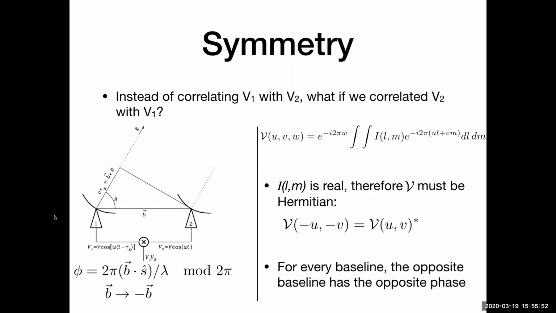There is an issue, going a little off script here, if you have too much bandwidth in a single measurement. If you have a wide band and you integrate over some large bandwidth and then do the correlation, your wavelength is not necessarily well defined because it's changing with frequency, and the phase becomes smeared out.